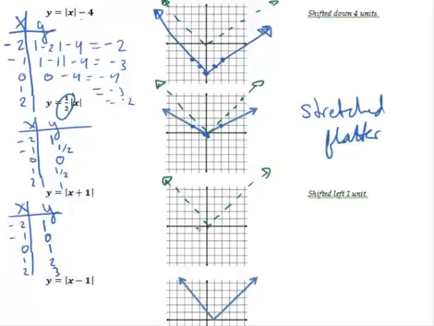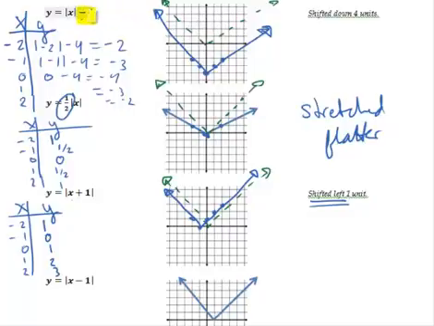So -2, 1, -1, 0, 0, 1, 1, 2, 2, 3. So this one, okay, this one doesn't look any flatter, but he's definitely been moved. He's been shifted left. That's what's happened to him. So maybe you're starting to see some of the patterns here.